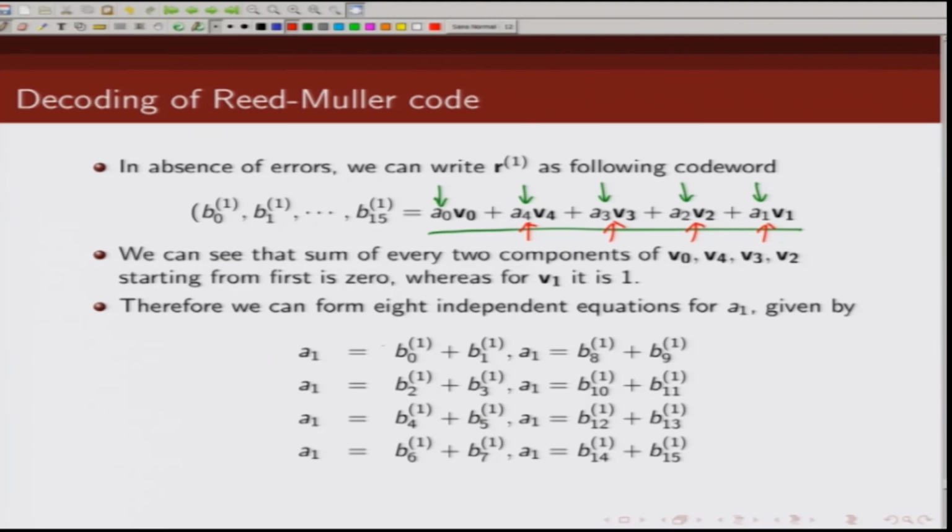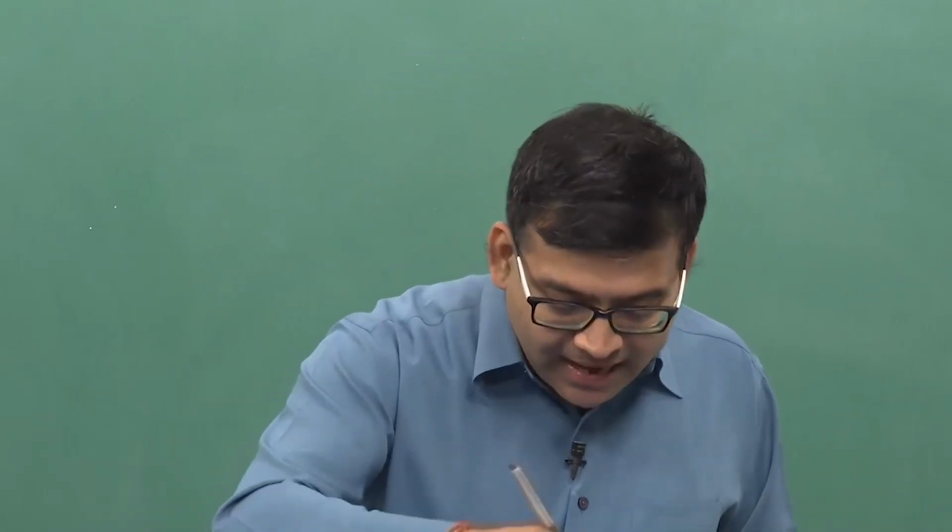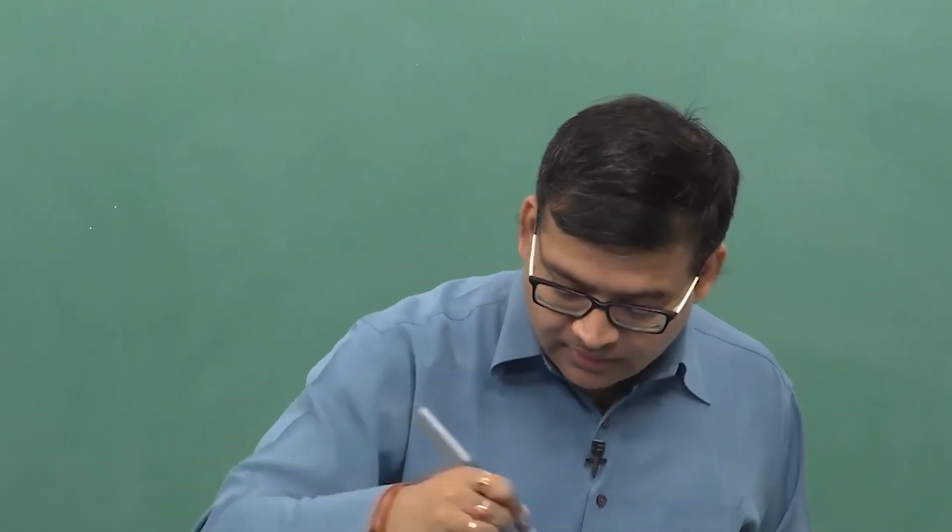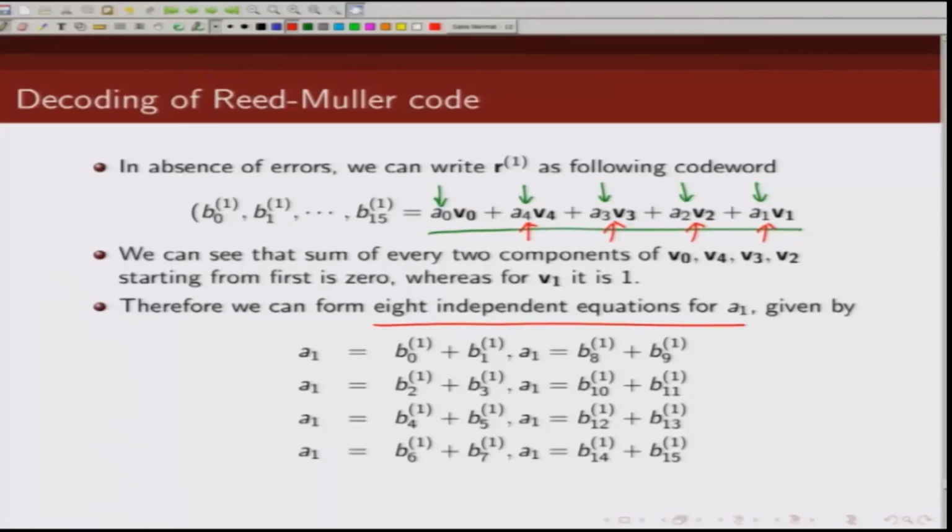I am getting 8 independent equations for A1, and again I will go for majority logic decoding. Whatever the majority are saying, I will decide in favor of that, and the same procedure can be repeated to find out what A2, A3, A4 are.